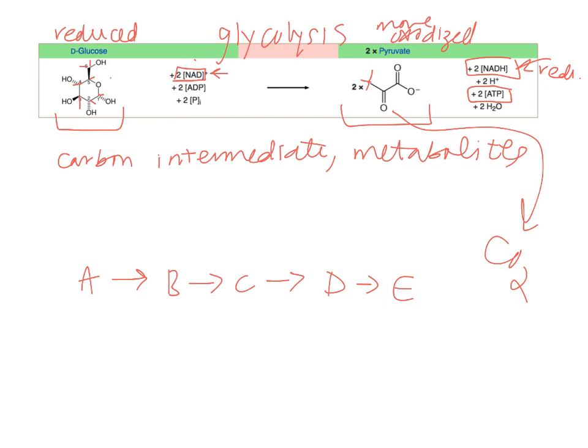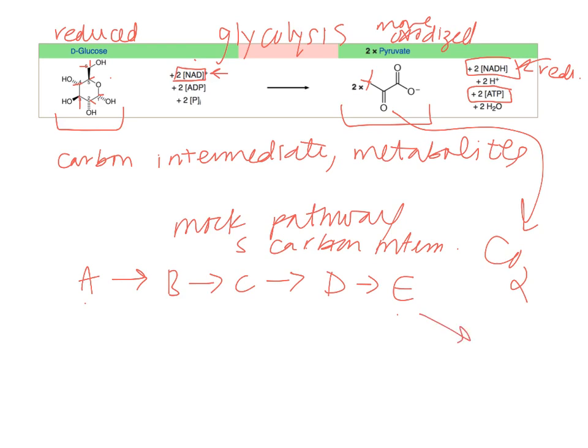I'm just going to do a mock pathway with 1, 2, 3, 4, I have 5 carbon intermediates. Okay, so here's a mock pathway with 5 carbon intermediates. The first one and the last one do count as intermediates because they're likely going on to or coming from other pathways.